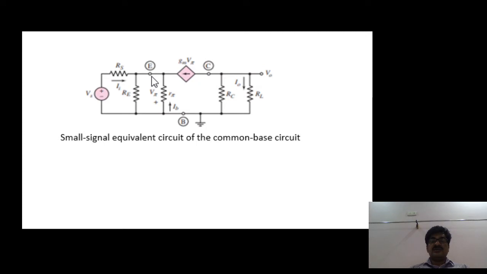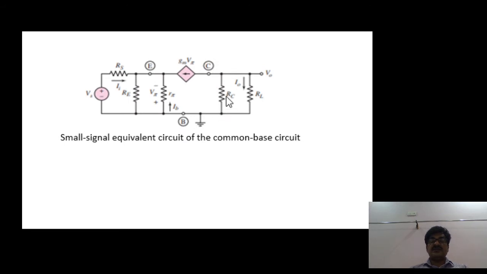Okay. So as for this circuit, the base is at ground potential, input is at emitter, output from the collector. DC sources are shorted, hence at the input there is RE resistor and at output there is RC resistor.